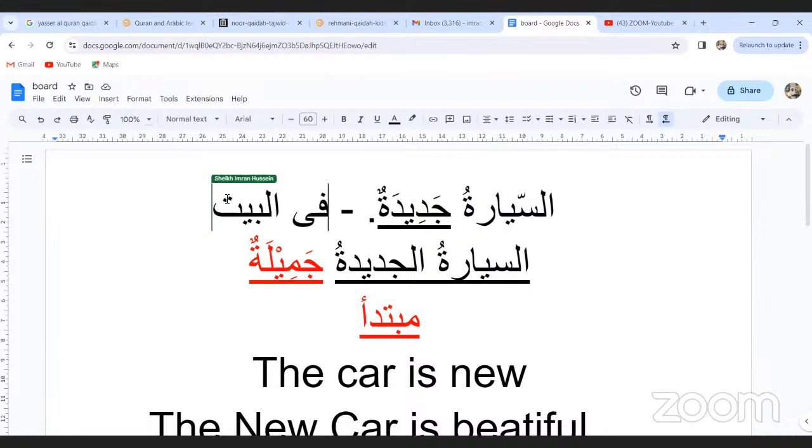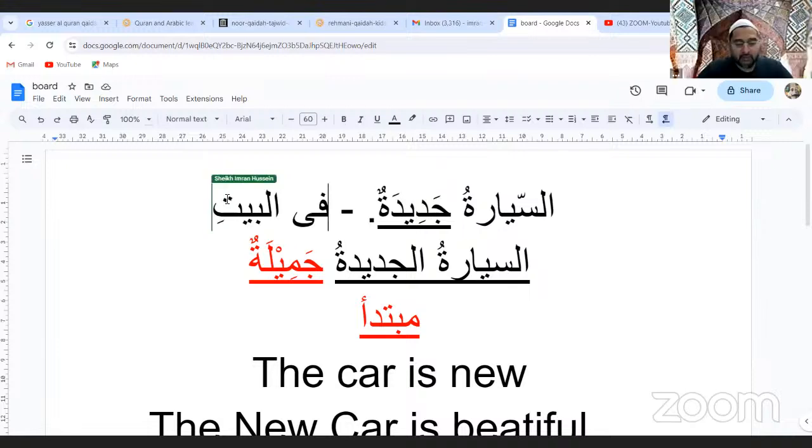The car is in the house. So you can have either a single noun. Jadidatun is khabar. Fil bayti is also khabar. So these are different types of khabar you can have.